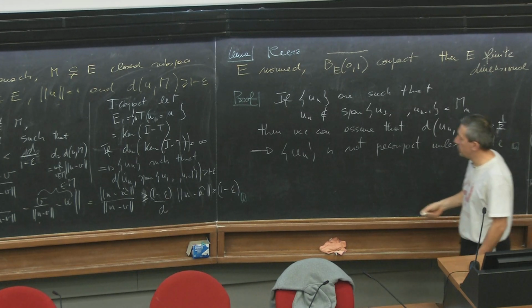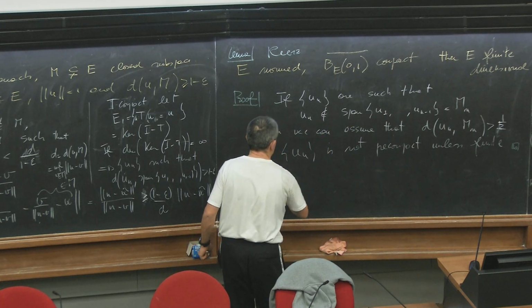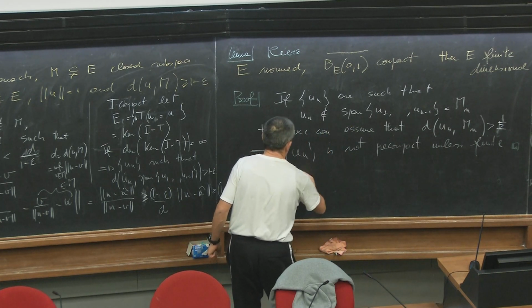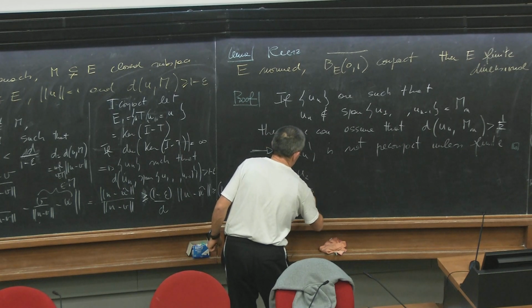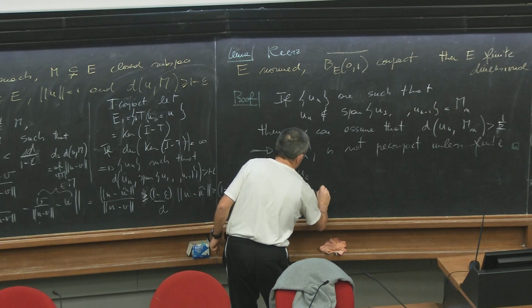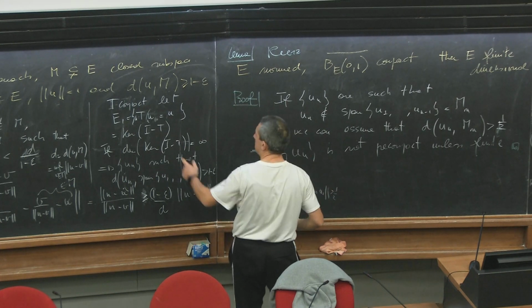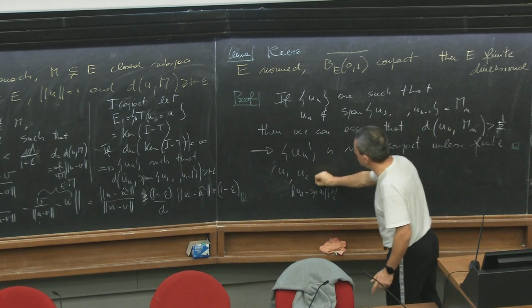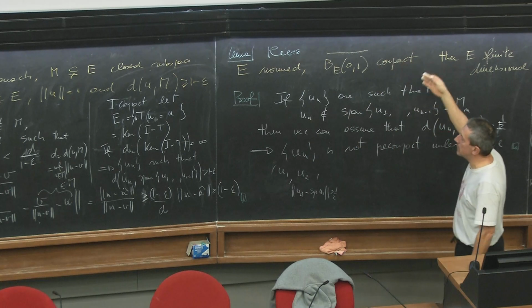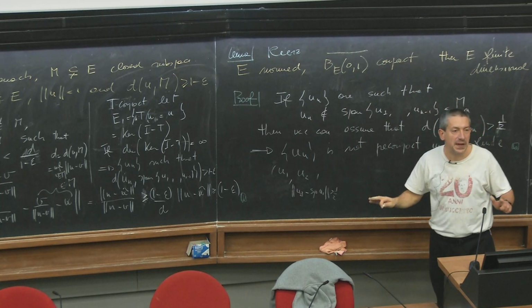Because, what we do is, you take u_1, now take u_2 such that the distance of u_2 from the span of u_1 is greater than 1/2. And here you use the theorem. Now you know that there exists another point u_3. If you finish, it's finite dimensional.